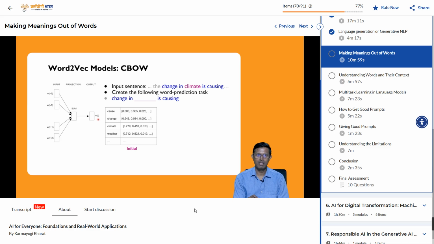So, the correct word is climate here in this example, and suppose it has produced something else. So, by looking at the correct word like climate and the word that is produced, we try to estimate what is the loss here, what is the error here, and based on that error we try to adjust the model, its parameters, so that it does better the next time.